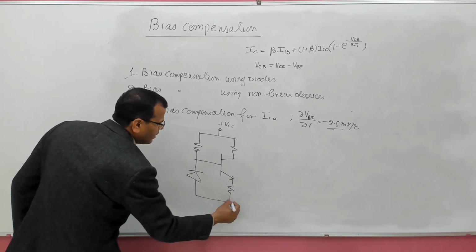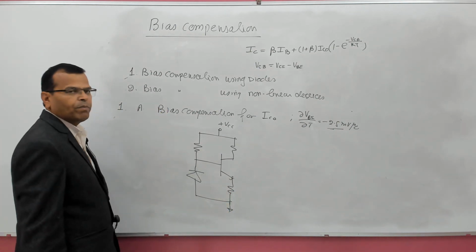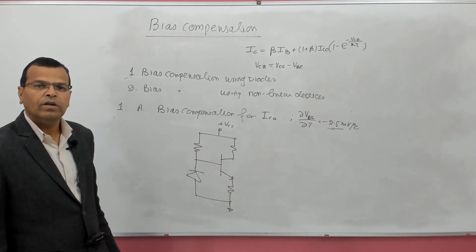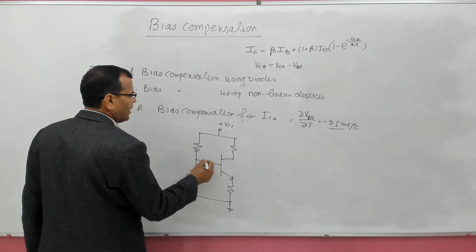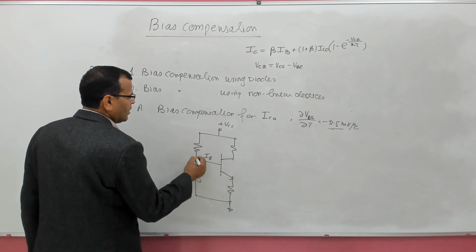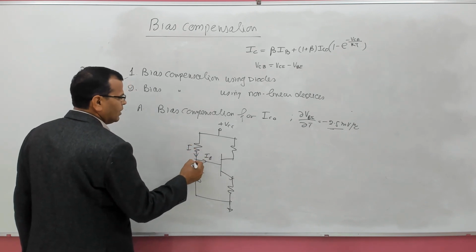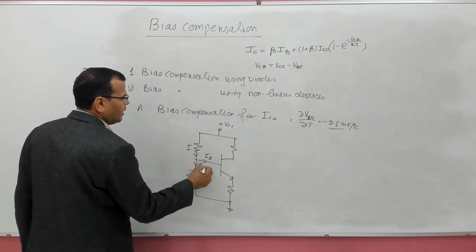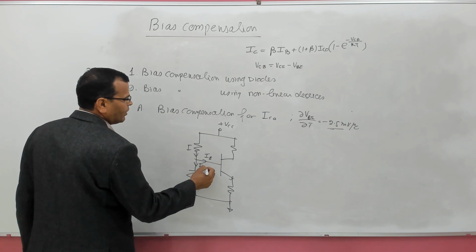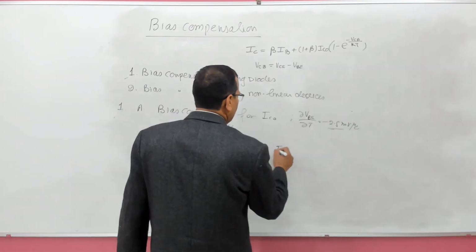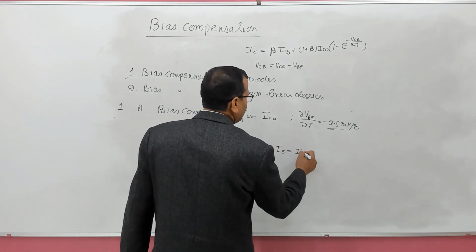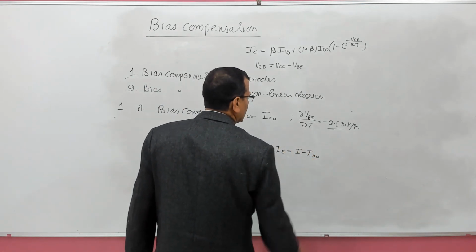This circuit will be used for bias compensation of IC naught. This is IB, this is current I, and suppose this is current ID naught, the reverse saturation current in the diode. So what will be IB? IB is nothing but I minus ID naught.